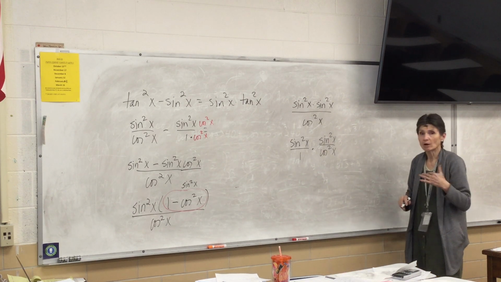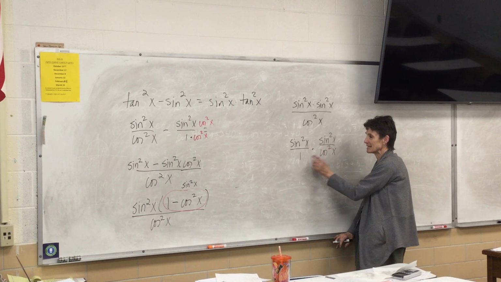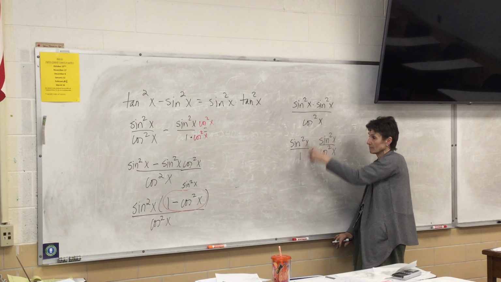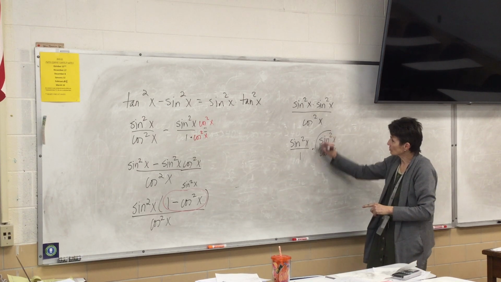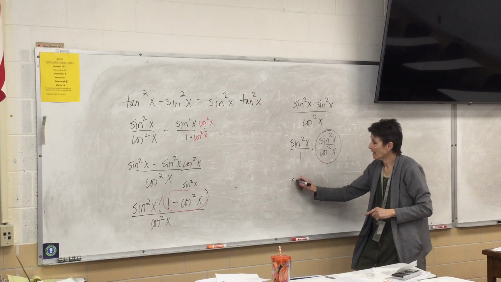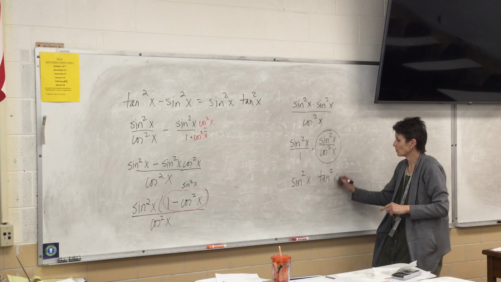Now please don't get all confused. If I multiply these together, isn't this what I get when I multiply top times top and bottom times bottom? Yes. And this right here is tangent squared. So now I have my sine squared times my tangent squared.